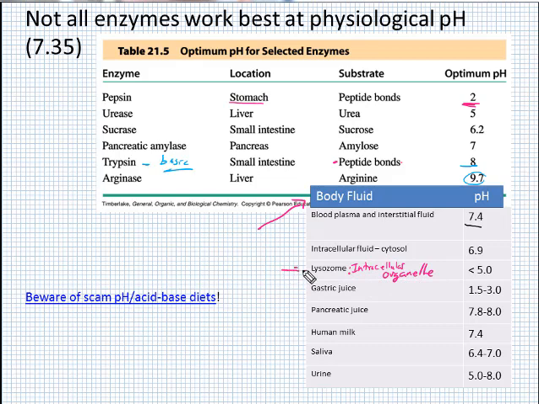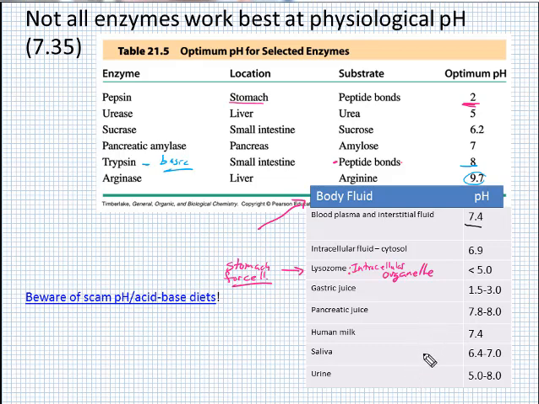The lysosome is kind of like the stomach for the cell. So lysosomes have a low pH, so the enzymes you find in the lysosome are going to work best at lower pH, right? Gastric juice, again in our stomach, so these digestive enzymes in our stomach are going to work best at low pH. Pancreatic juice, again, the pancreas dumps into the small intestine.